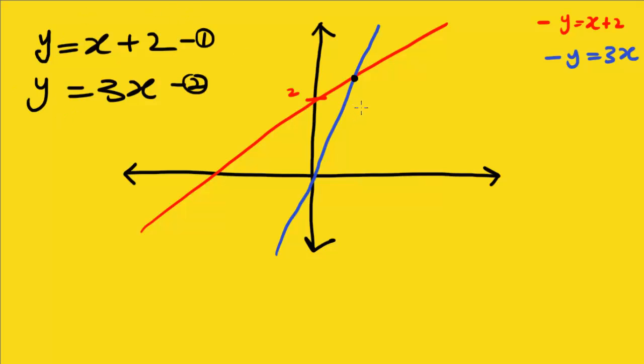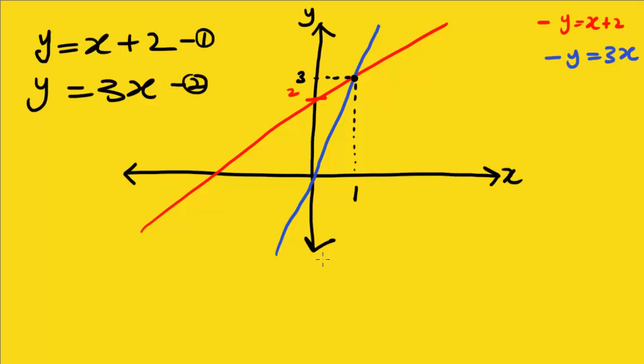If you went through the rigor of plotting the graphs and finding the intersection on your graph paper, and you draw this line down to the x-axis and find the coordinates of the point of intersection, you find that x is 1 and y is 3, which is the same as the solution we just obtained.